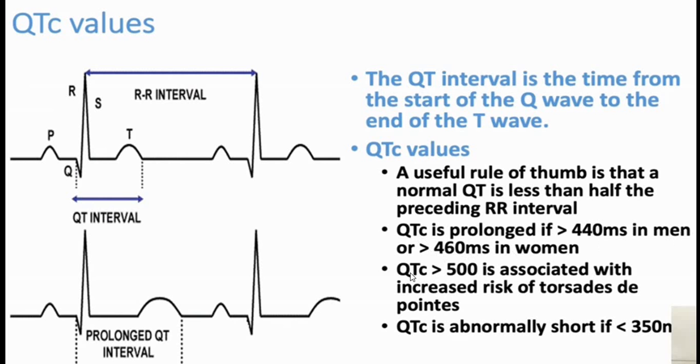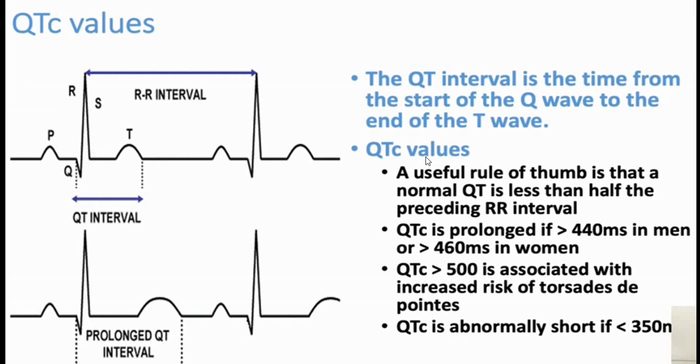If QTc is more than 0.5, or 500 milliseconds, that is having a very high risk of Torsades De Pointes. And if QTc is less than 350 milliseconds, then it is called short QT.